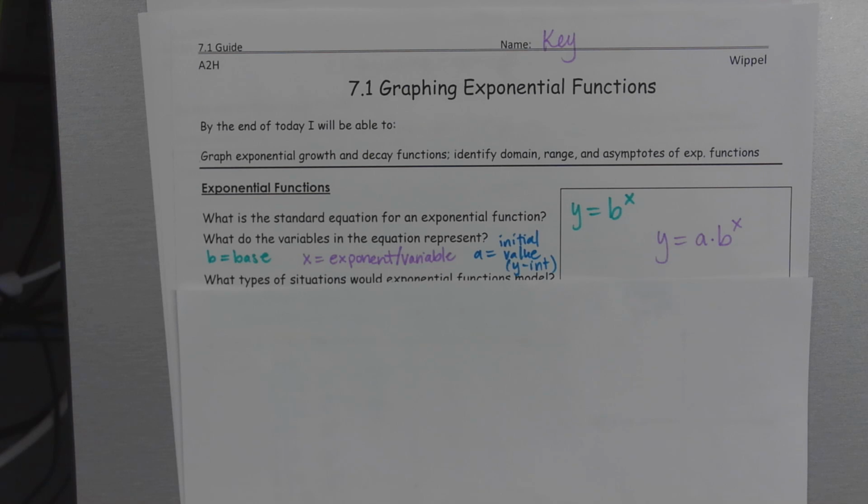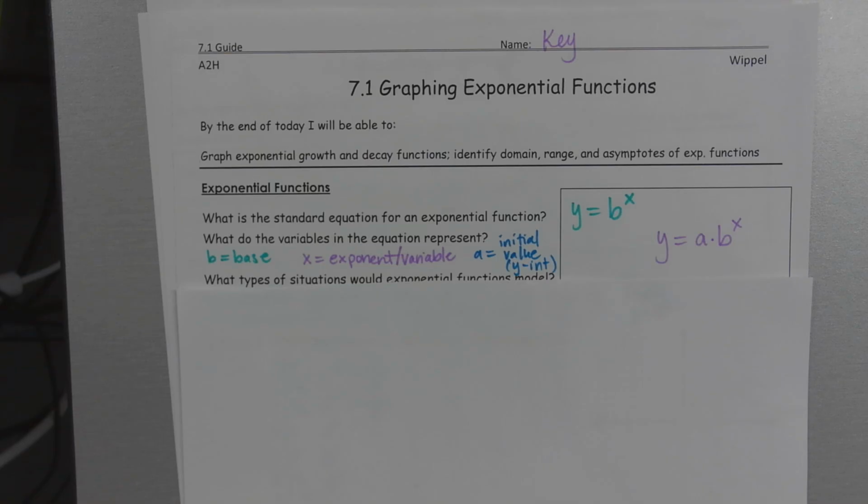The next question asks you what types of situations would an exponential function model. Okay, so exponential is a situation where the increase or the decrease starts off slowly and then it gets very large very quickly. Okay, I'm going to put a couple of graphs on the board.